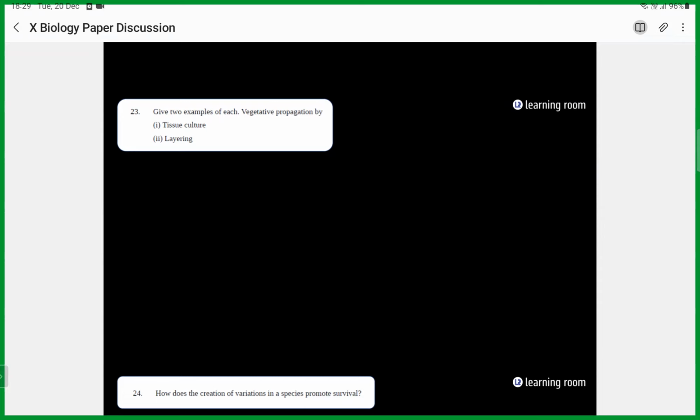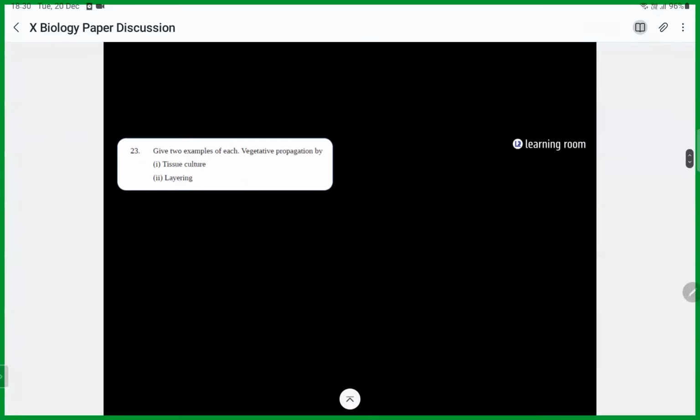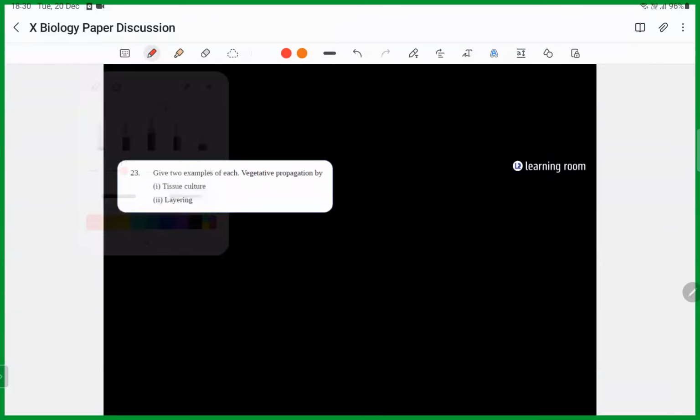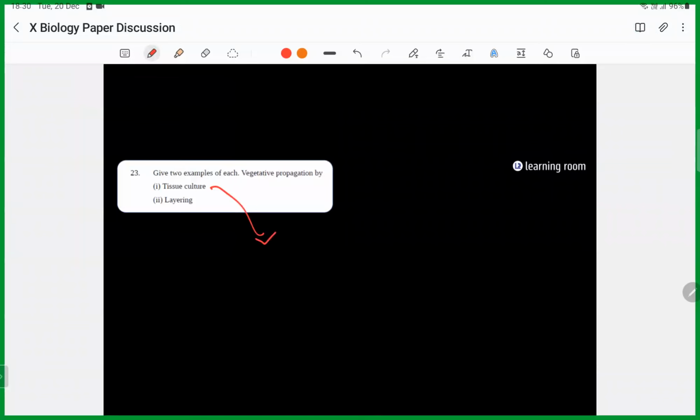In our book, we saw vegetative propagation, but maybe the examples were not given. Anyway, at least now you can note down that such specific questions can also be asked.